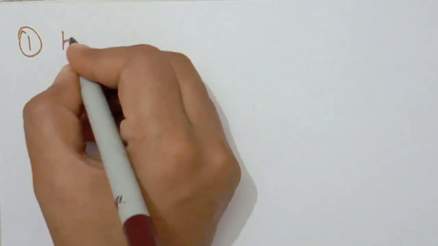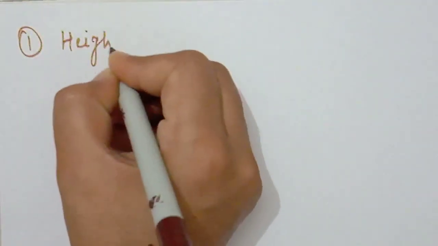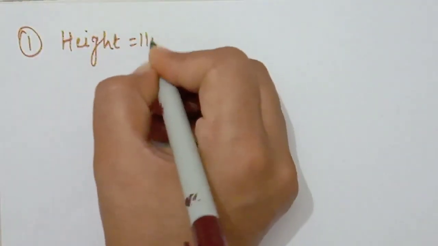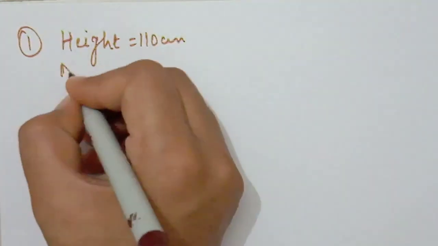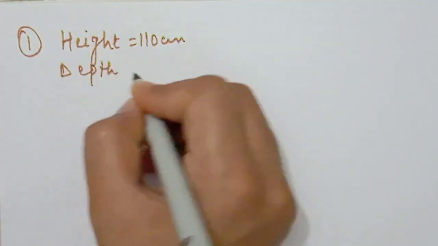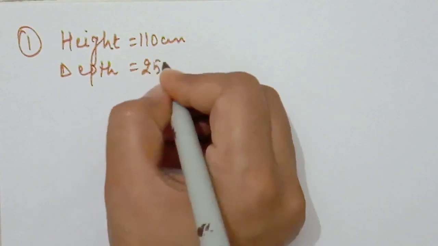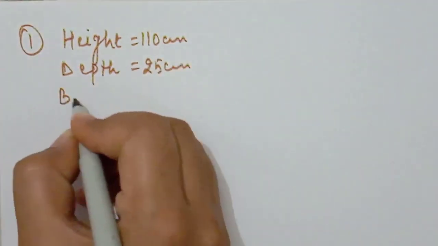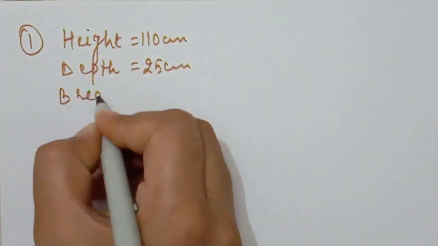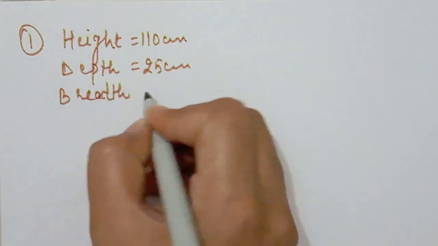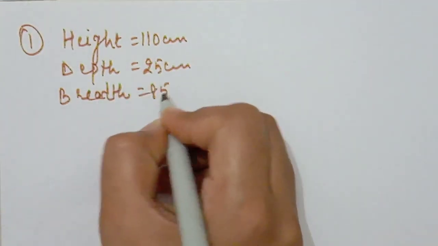Question number 1 of the optional exercise. A wooden bookshelf has the external dimensions: height 110 centimeter, depth 25 centimeter, and breadth 85 centimeter.